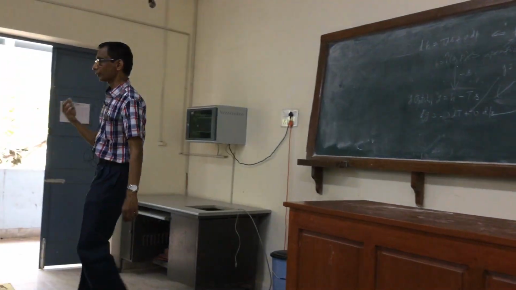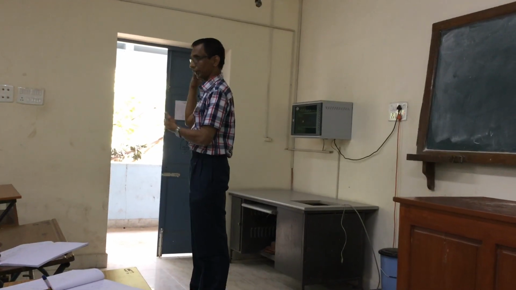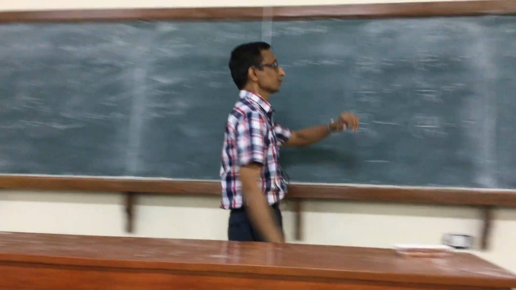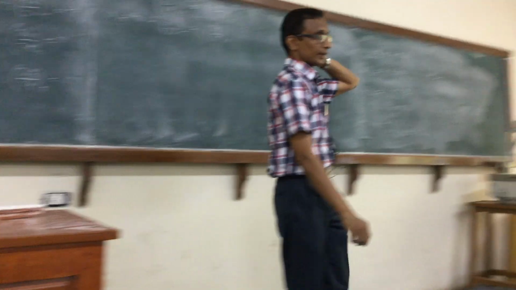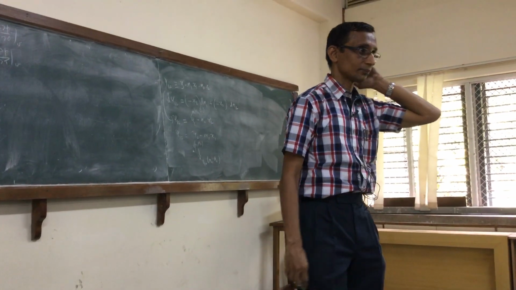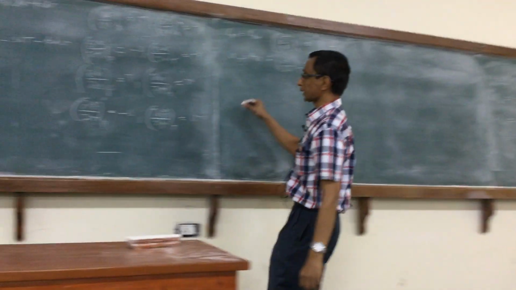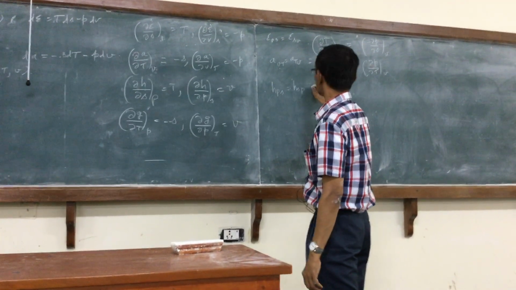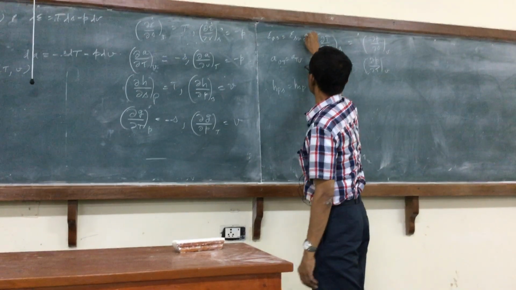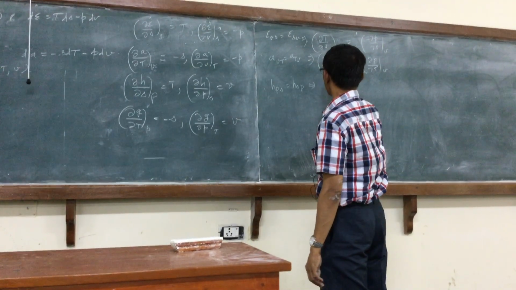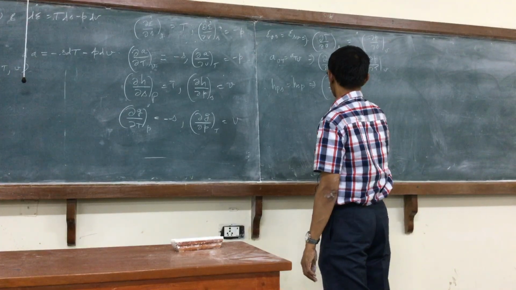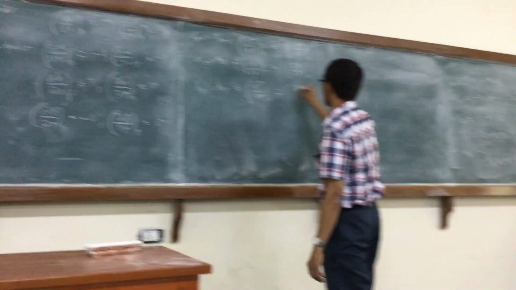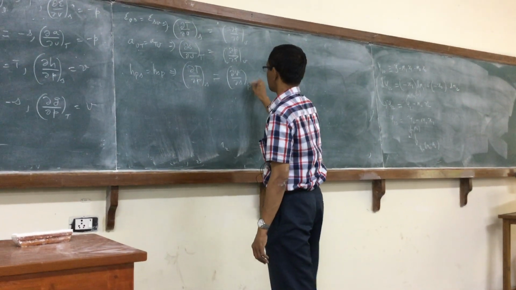One of the properties of S we saw, the derivative with respect to V, if you recall the earlier equations we looked at from Carnot and Clapeyron's equations, was that dS by dV is dP by dT at V. Then the third Maxwell relation is H_SP equal to H_PS, which would imply that dT by dP at S is equal to dV by dS at P.